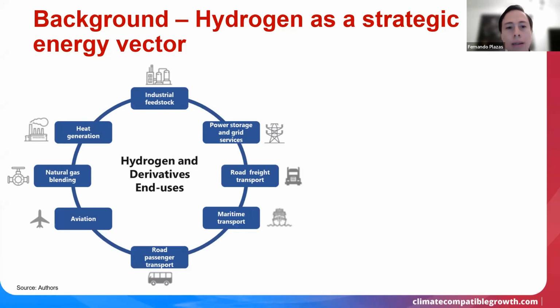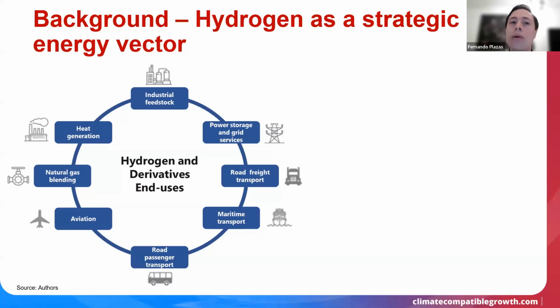So let's remember that hydrogen is basically the most abundant molecule in the world, and it could be used as an energy vector or an energy carrier, and not just for feedstock purposes.